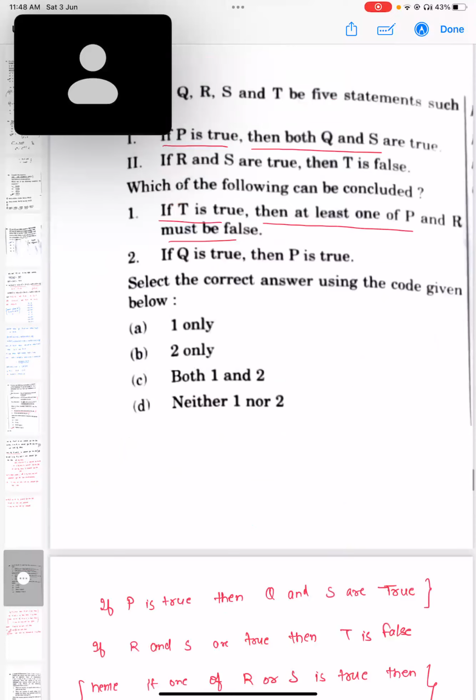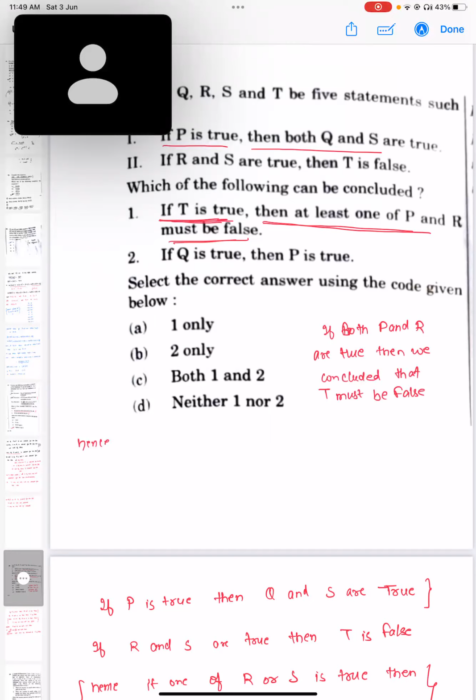Because if both P and R are not false, that is, if both P and R are true, then T has to be false. If both P and R are true, then we concluded that T must be false.